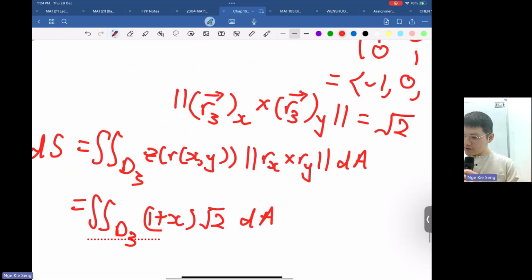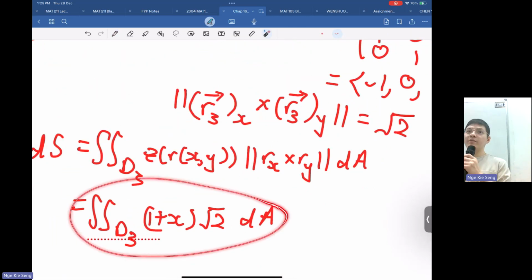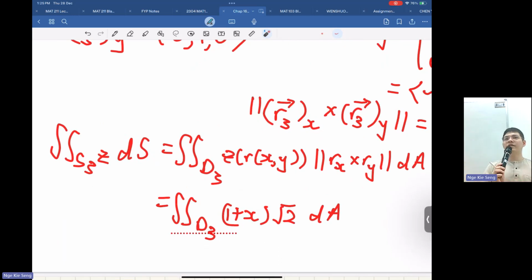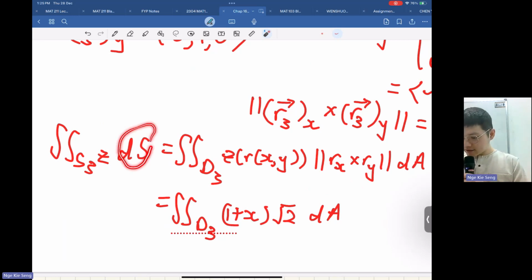So this is what you learn in the multiple integral, integration of dA. Now here is the difference, very important. Look at this surface integral: this is dS, here is dA.